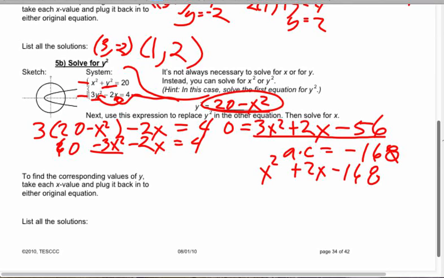Now I know because this number is so small, these numbers are going to have to be close together. So I just sort of started out with 8 and kept going. And what I found was that 12 times 14 will give me 168. And this is just by trial and error.